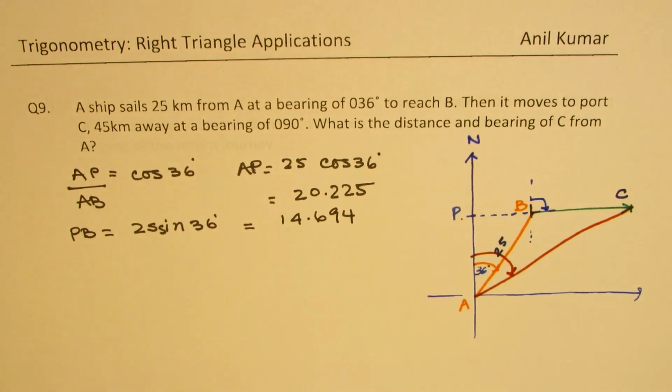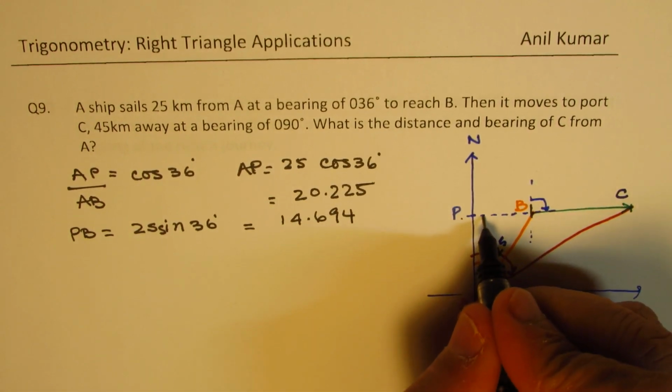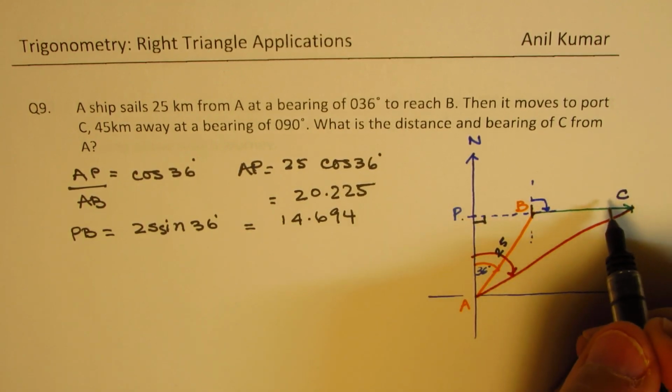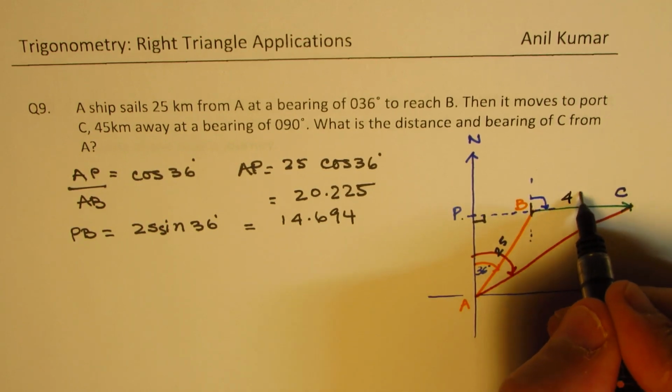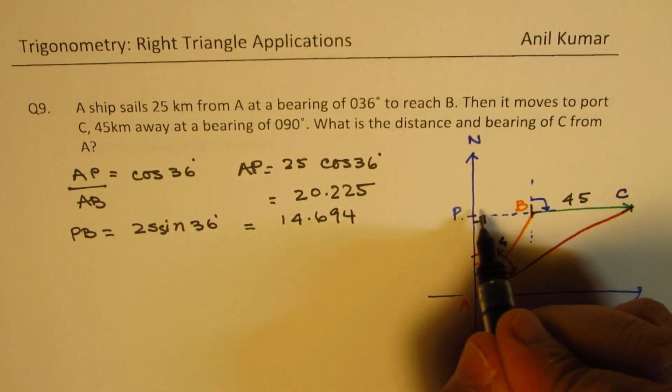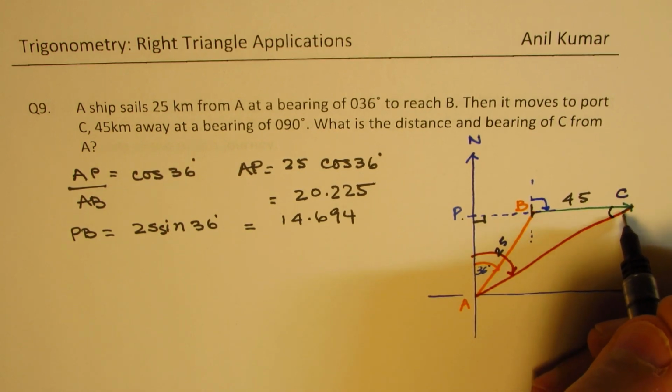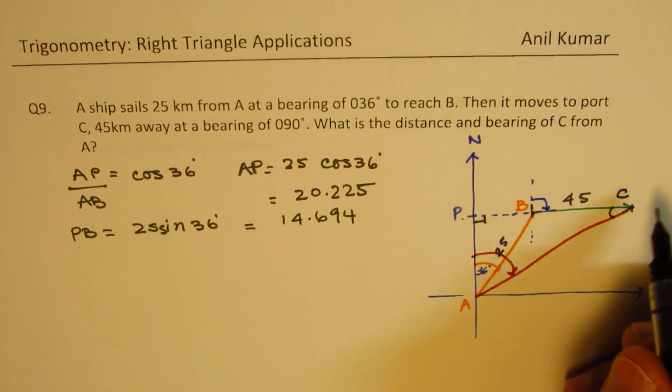So we know P to B. Now that is the right angle because it has moved east, right? We know that B to C is 45 kilometers. So this is 45. We know P to B. Now we can easily find the angle, correct?